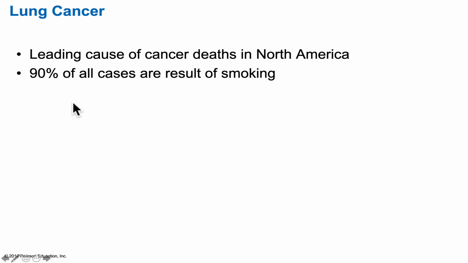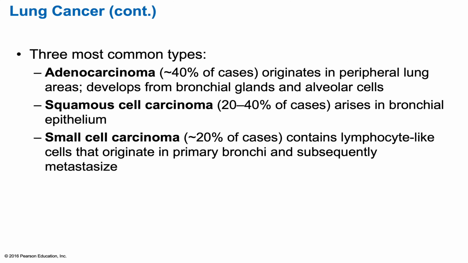Why? Because again, 90% of all the cases come from smokers. So if you don't smoke cigarettes, if you can stop that, then you're going to be significantly decreasing your chance of lung cancer. So the three most common types of lung cancer are adenocarcinoma, squamous cell carcinoma, and small cell carcinoma.